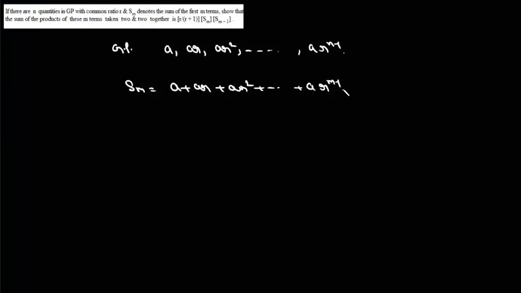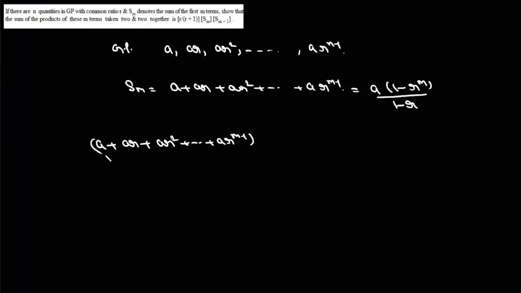Now we know that this Sm is a (1 minus r to the power m) upon 1 minus r. Now if we square both sides, we can write (a plus ar plus ar square up to ar to the power m minus 1) whole square, and it is equal to a square (1 minus r to the power m) square upon (1 minus r) whole square.